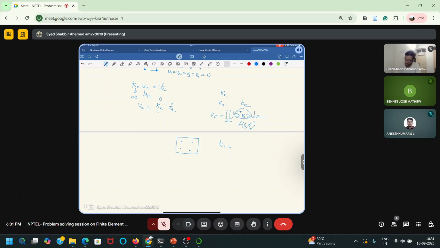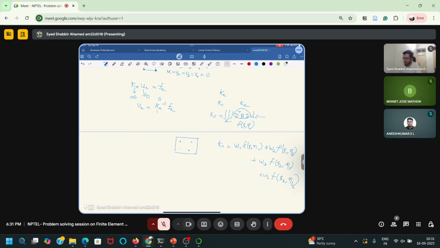Then I can write this as W1 f of eta 1 comma eta 1, plus W2 f of eta 1 comma eta 2, plus W3 into f of eta 2 eta 1, and W4 f of eta 2 eta 2. So basically we are converting the integration into summations.